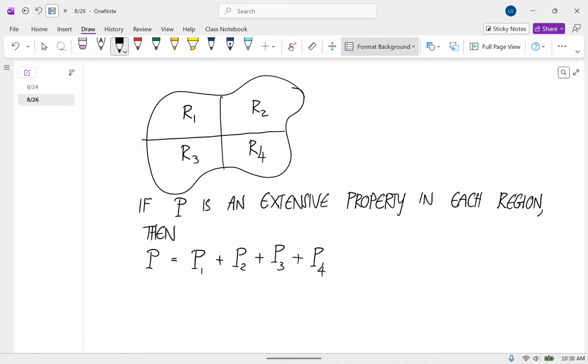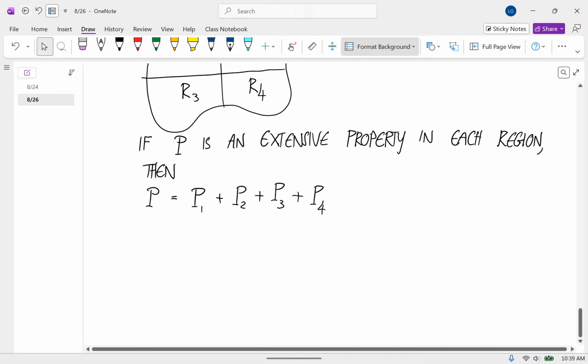But let's think about volume. If that has, whatever it is, 5 cubic meters, and that is 5, and that is 5, and that is 5, does it make sense that the volume of the whole room is 20 cubic meters? Yeah, that makes sense.